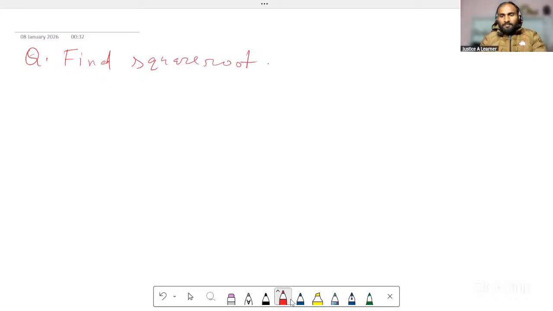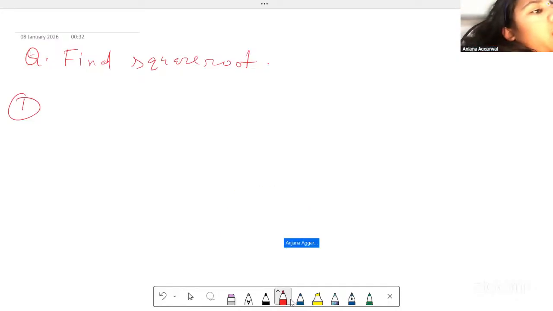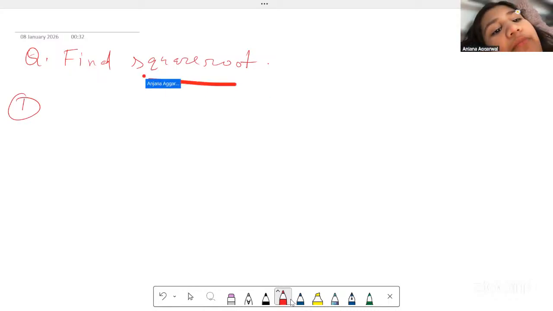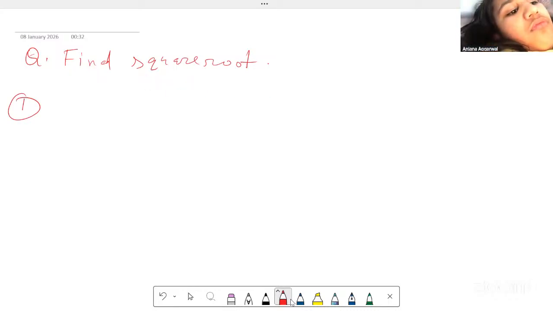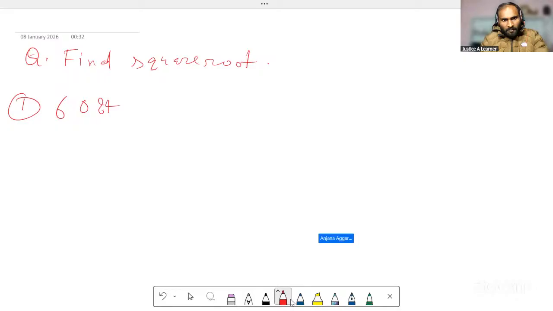Okay. So find the square root. Question number one: square root of 6084. It would be like this if I need to write it in such a way.